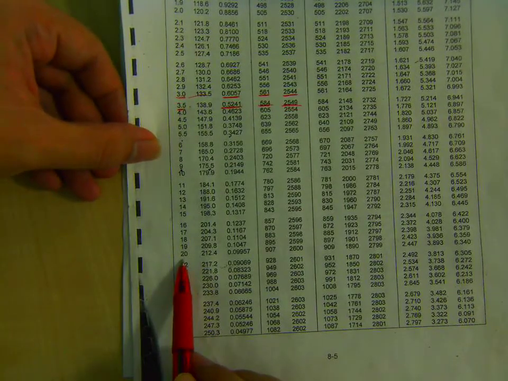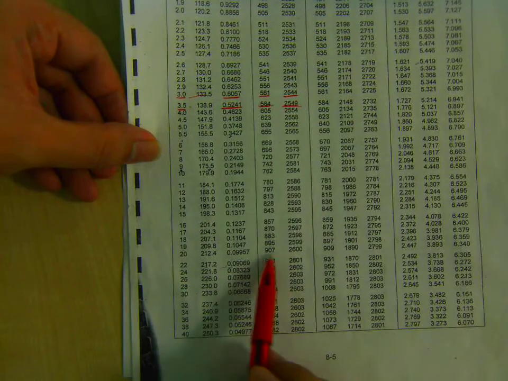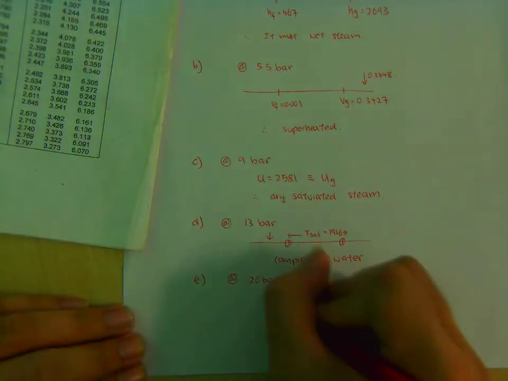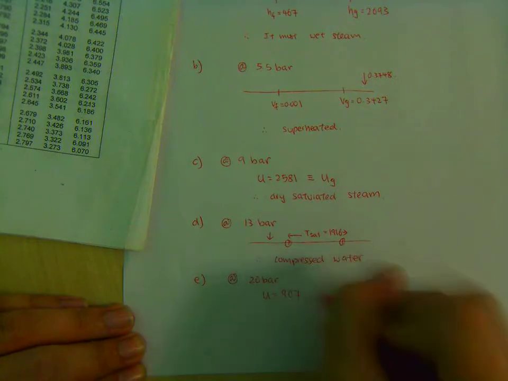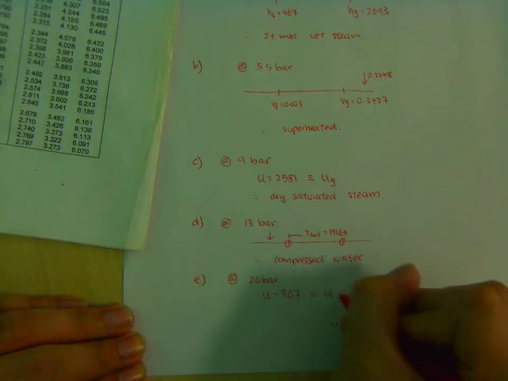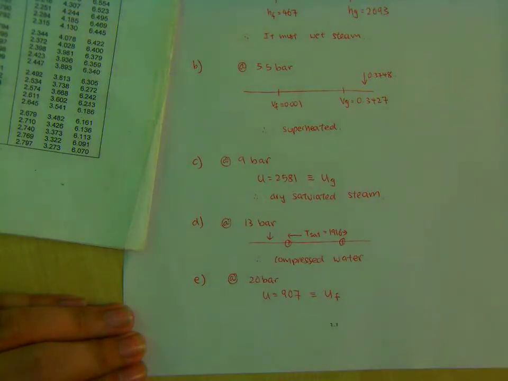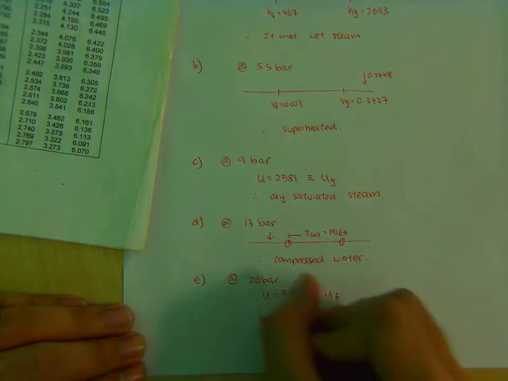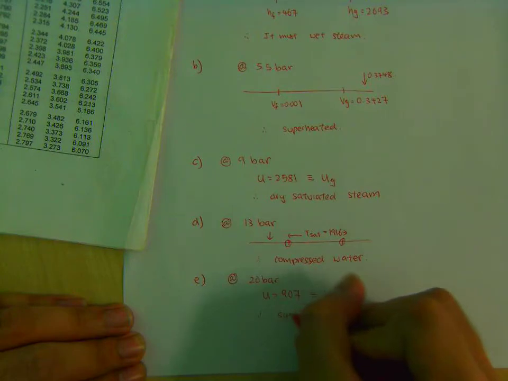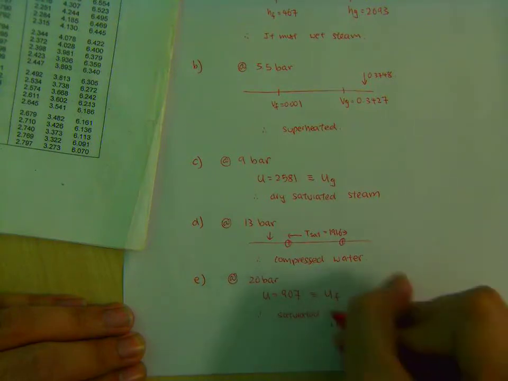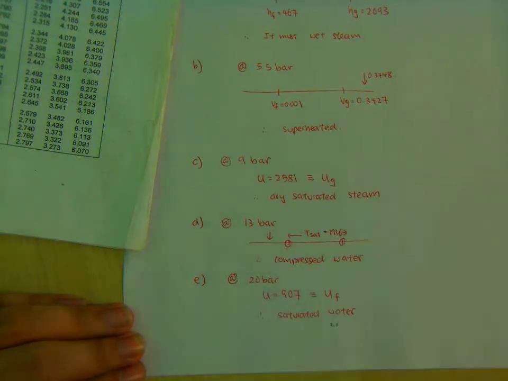Since the value here is U, we look at UF and UG. We realize that the U given by the question, 907, is exactly UF. Therefore it must be saturated water.